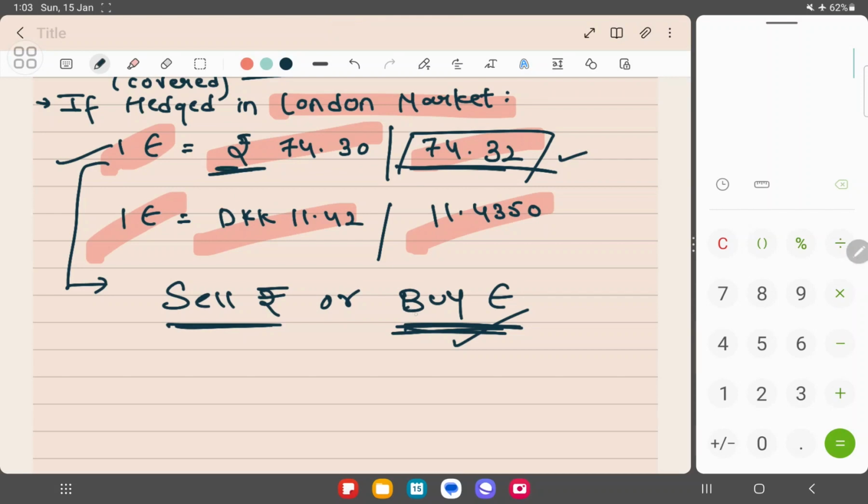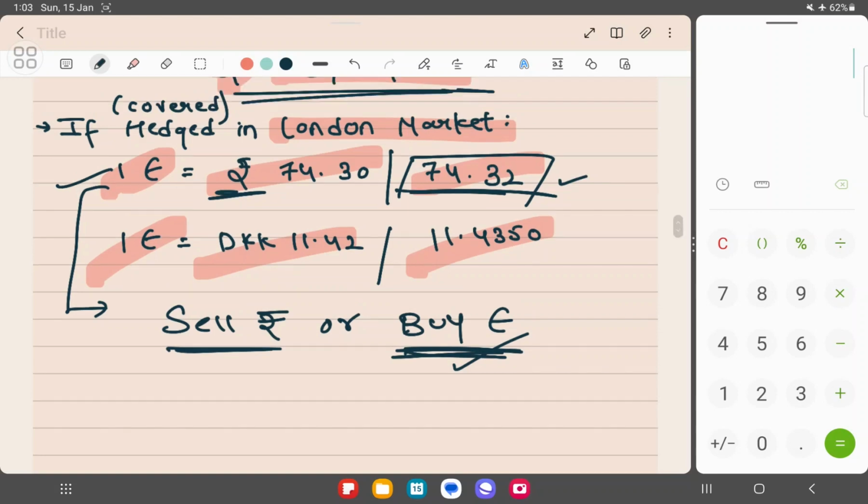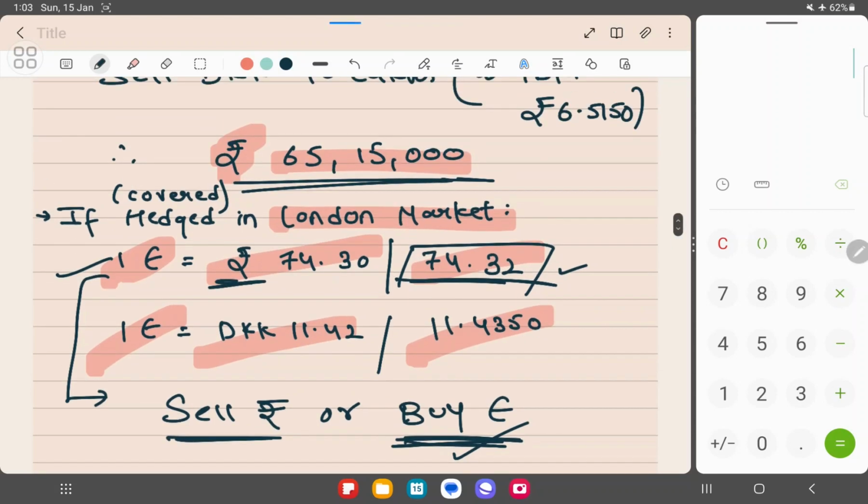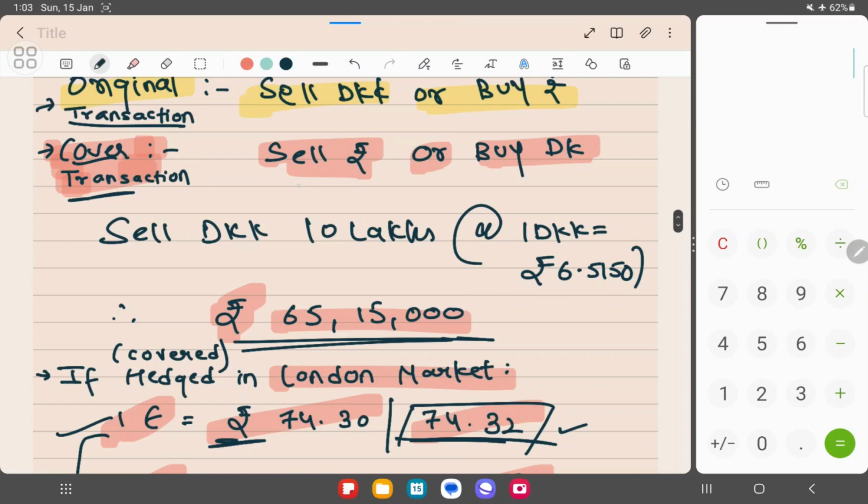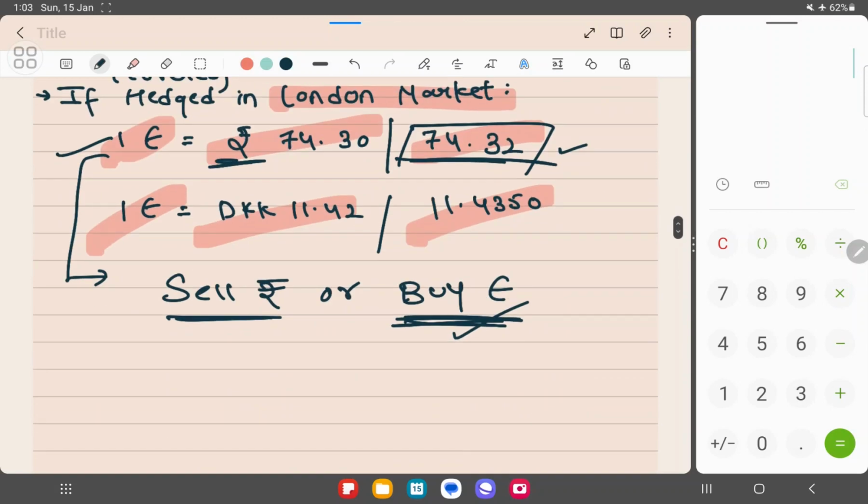For that I have the second quote. If you see, 1 pound is equal to DKK 11.42 or 11.4350. Now which quote do you select, bid or ask? Now listen carefully. I have pounds now. Because I had rupees initially, I sold rupee because that was the cover transaction. It means buying pound because I had a direct pound quote with me.